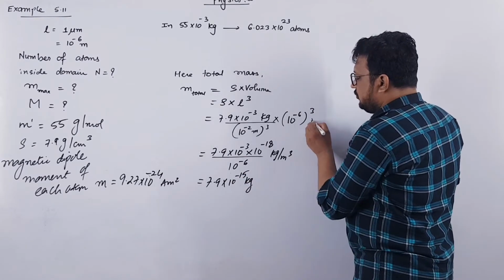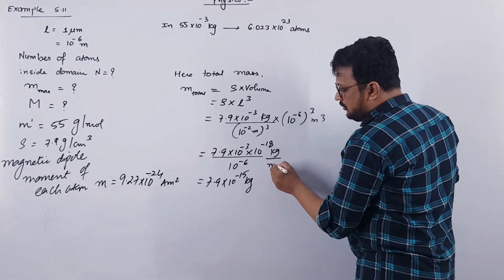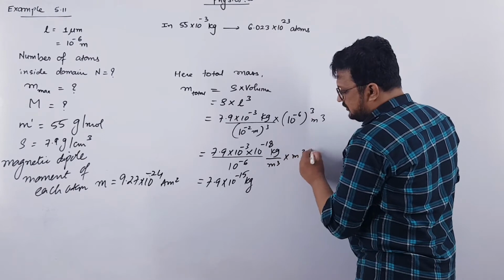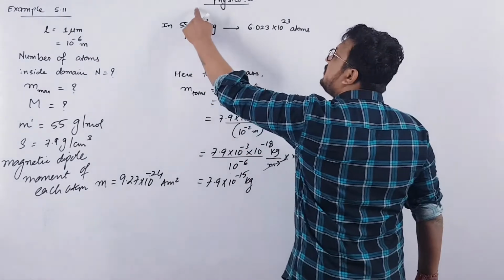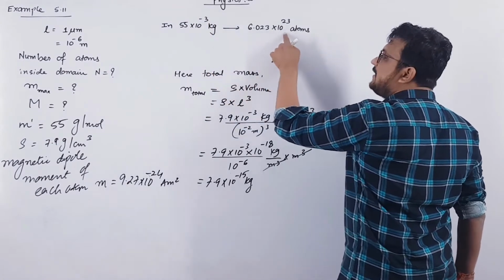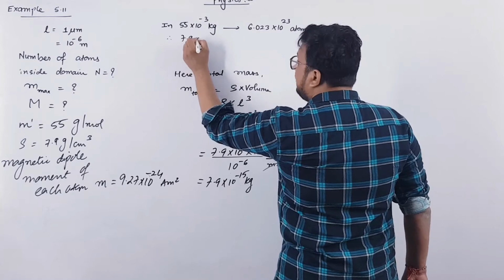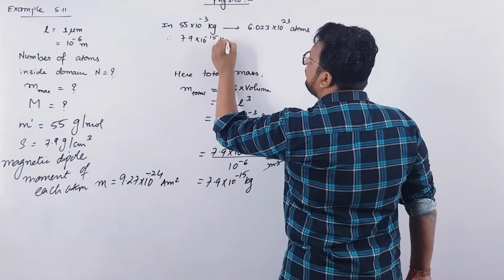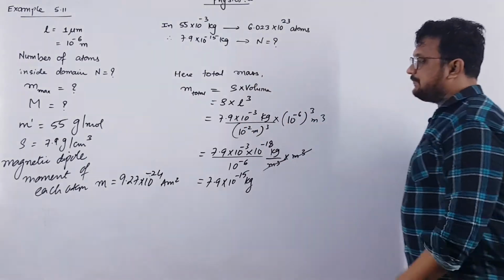This is actually kg per meter cube into meter cube, so the meter cube gets cancelled out. So this is kg. 55 into 10 to the power minus 3 kg will have this many number of atoms. Therefore 7.9 into 10 to the power minus 15 kg will contain how many atoms?